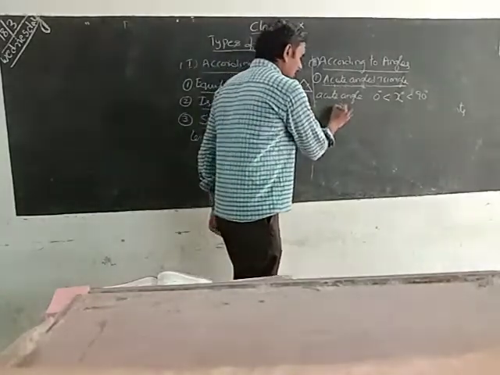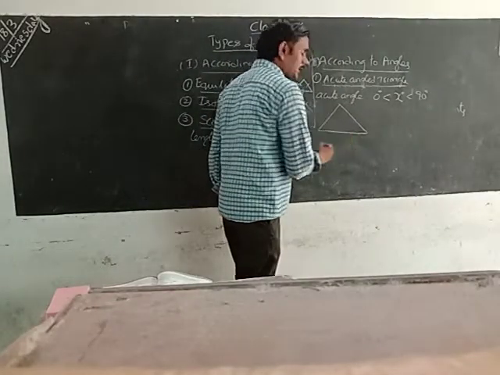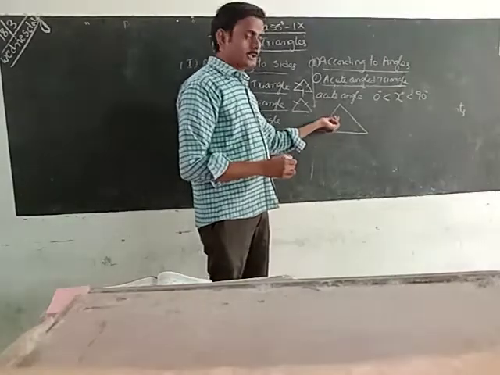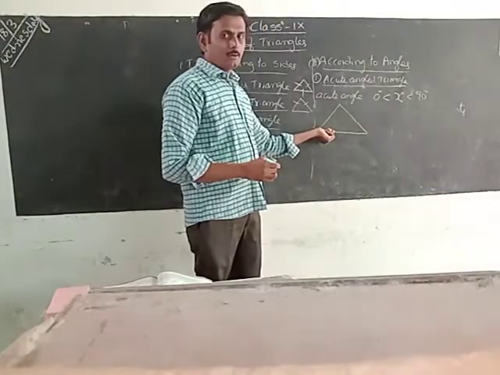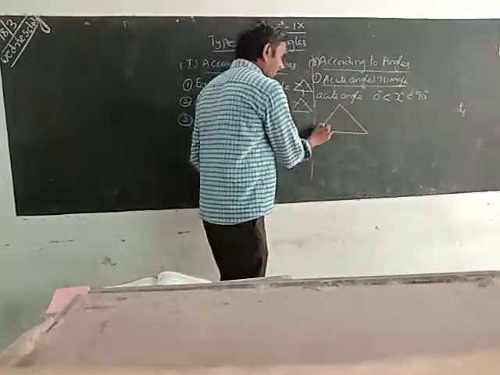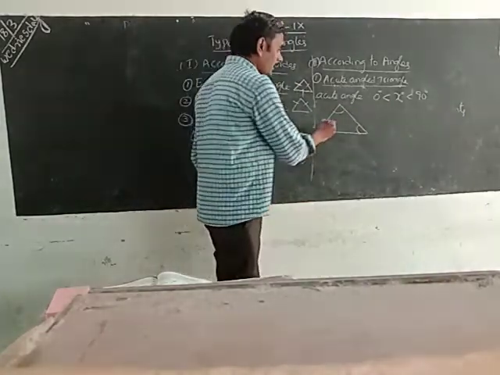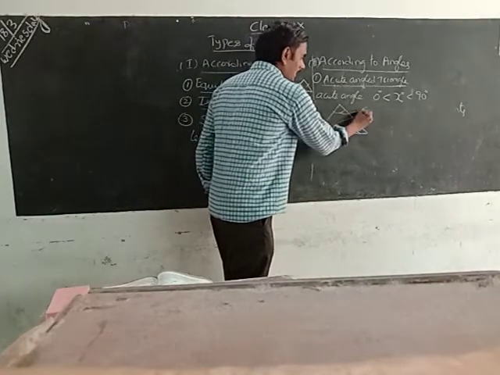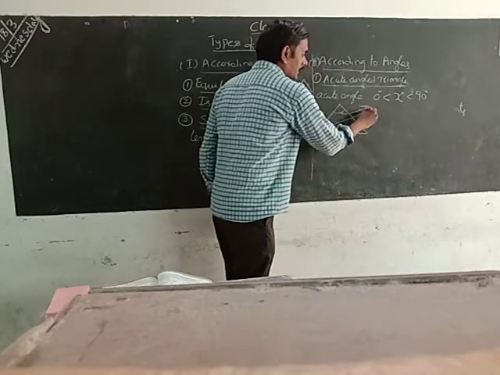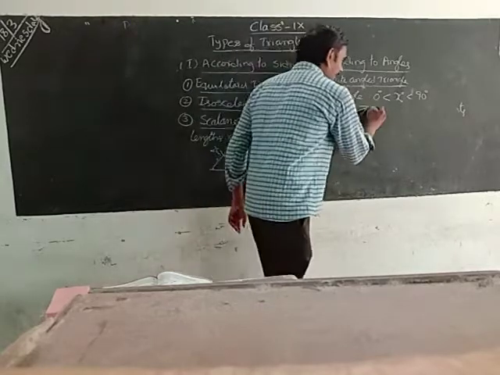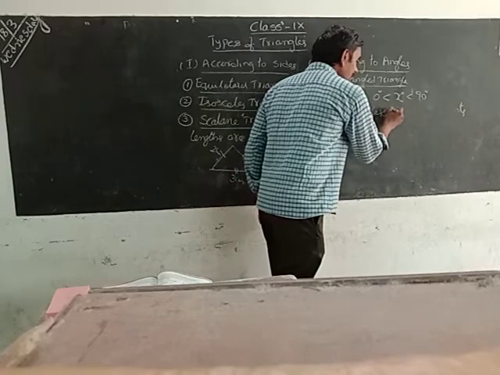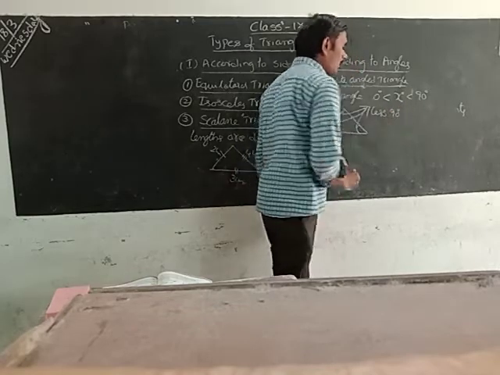Whenever you take the angles of a triangle, each angle should be less than 90. All three will follow this condition: less than 90, more than 0.